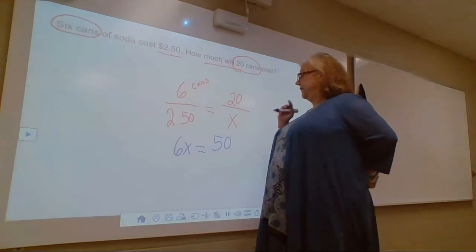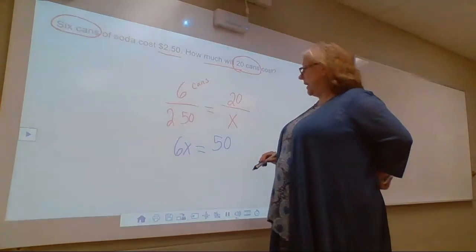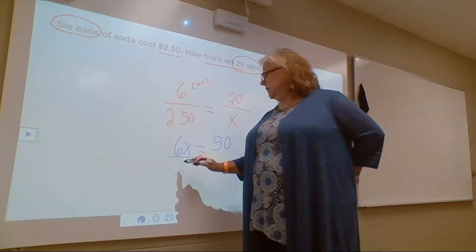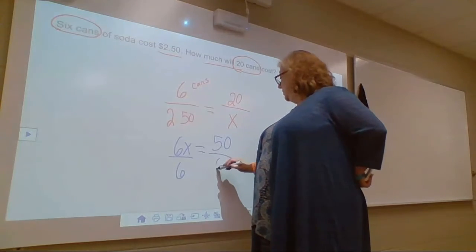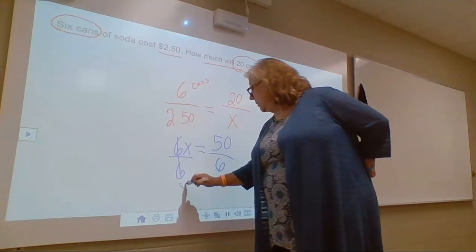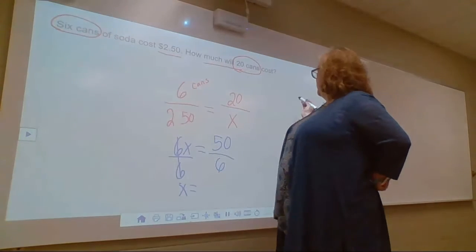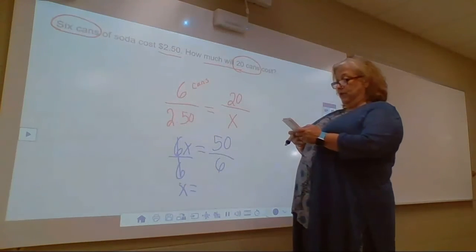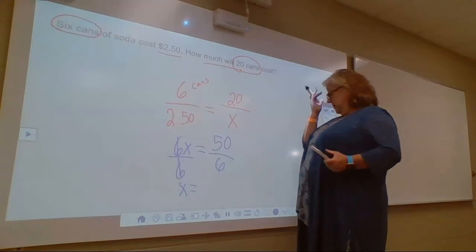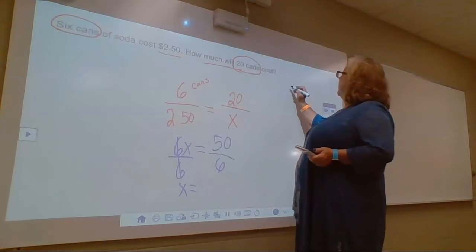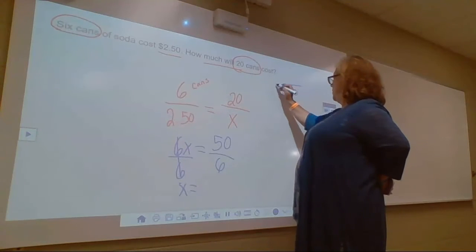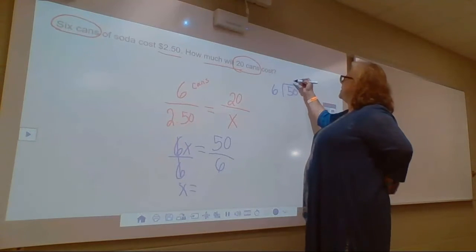6X equals 50. So how do we solve for this? We have to do the opposite operation of multiplication, and that would be division. 6 divided by 6 gives you 1, so it's X equals, and if you divided 50 by 6, let me do it here because I want to show you this. 6 will go into 5, it will not.